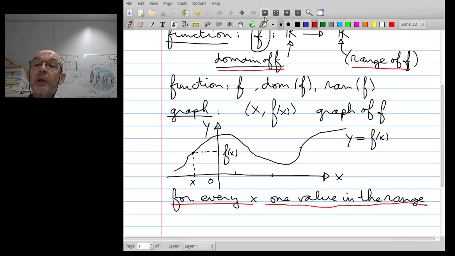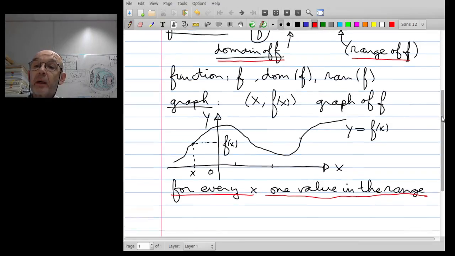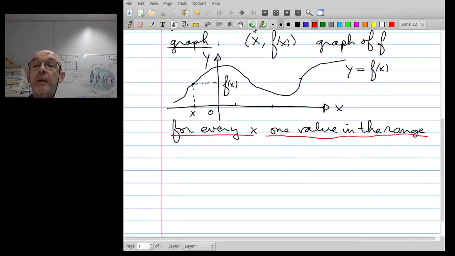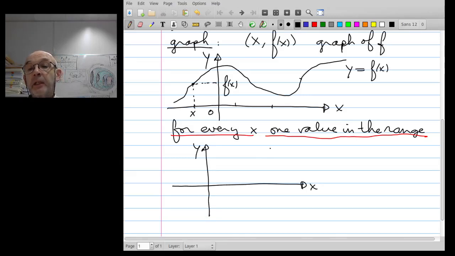So if you have the x-axis and the y-axis, and here I have some other figure like this, this is not a graph of a function.